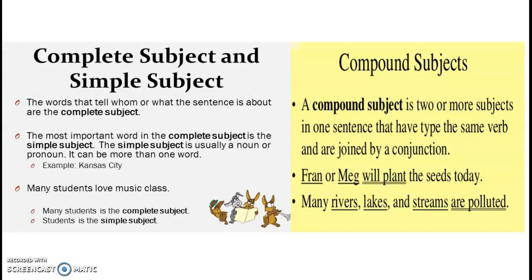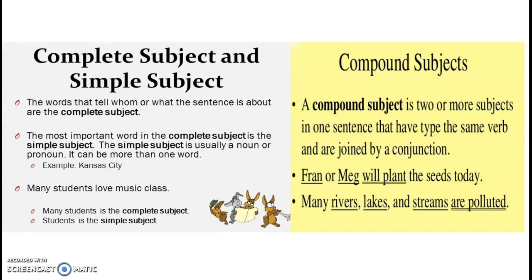So this is a compound subject, two or more subjects in one sentence, and they are generally joined using a conjunction. Frank or Meg will plant the seeds today. How many names do we have? Frank and Meg, right? But they are just one subject, a compound subject that is joined by or, which is a conjunction.